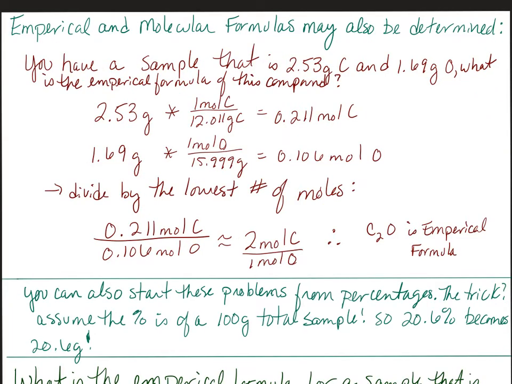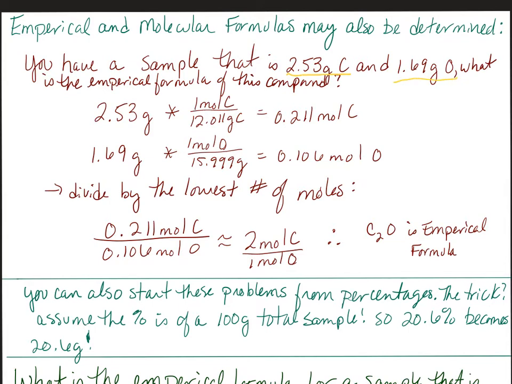In the next example, we're going to start trying to figure out empirical and molecular formulas from data like this. So let's say that you have a sample that is 0.253 grams of carbon and 1.69 grams of oxygen.